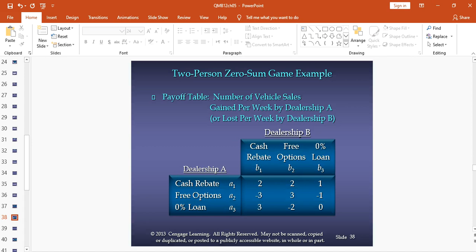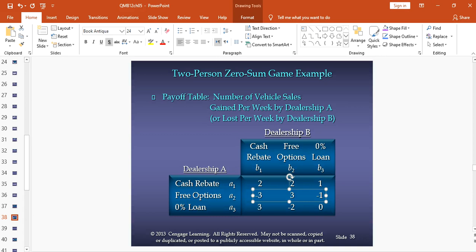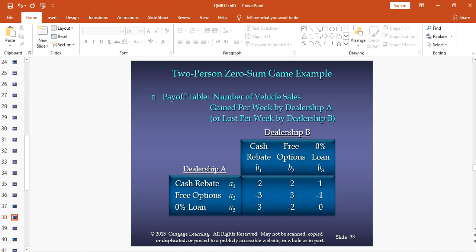So for example, let me go over one of these. Okay, free option strategy, it's A2. The dealership A, if they pursue this strategy, they may lose selling 3 vehicles in a day if dealership B offers cash rebate.